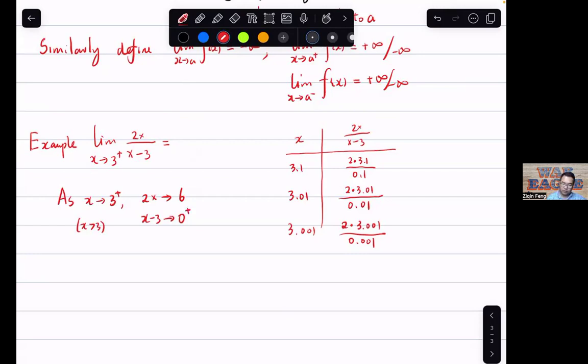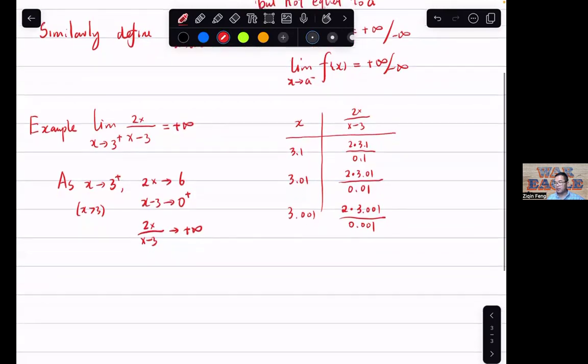Everything is positive, so 2x over x minus 3 is getting larger and larger, positively unbounded. So this is positive infinity. That's how we decide whether an infinite limit is positive or negative.